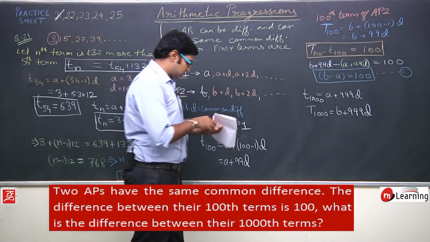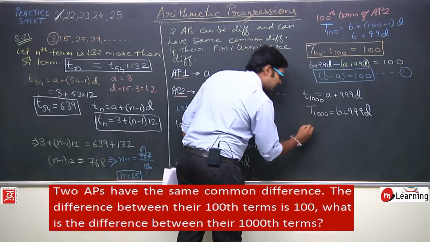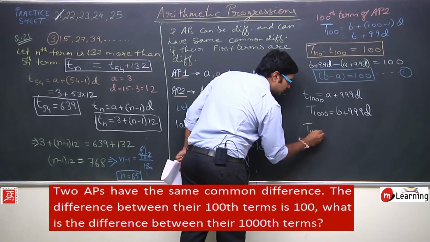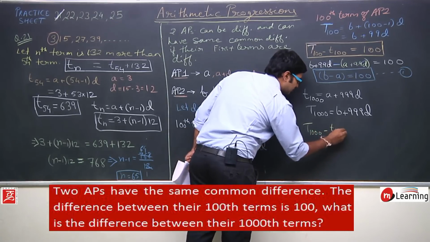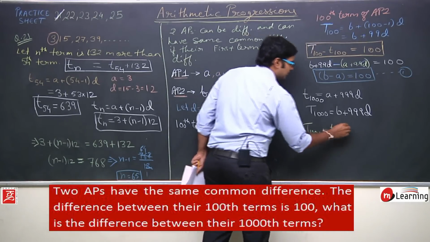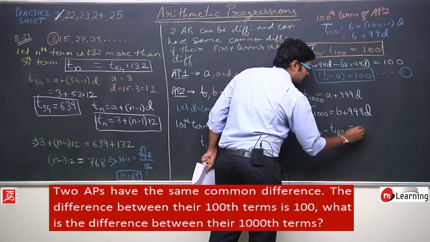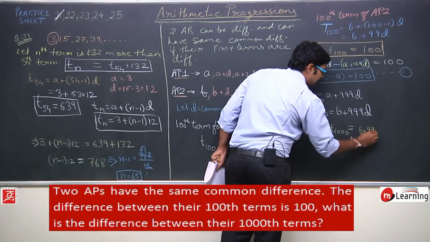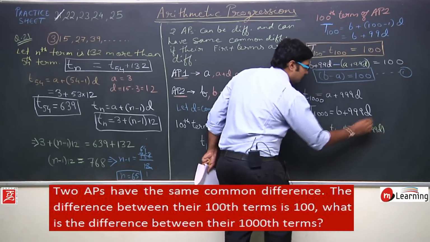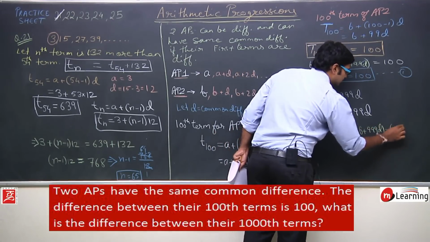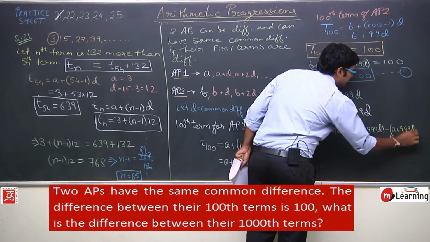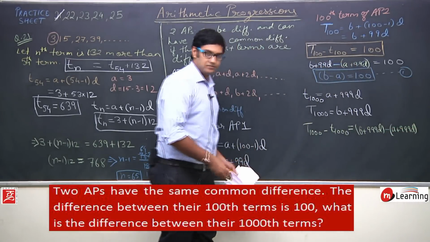So the difference is T1000 minus small t1000, equal to B plus 999D minus A plus 999D.